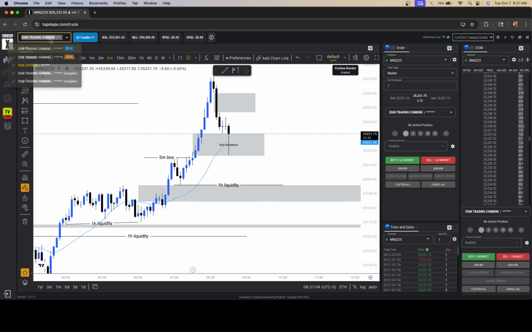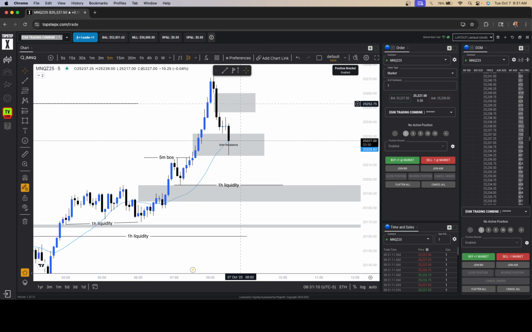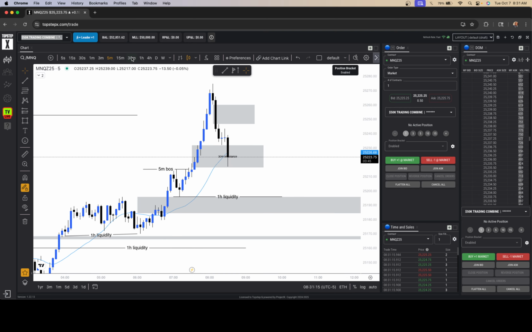So do we head to the upside is the question. I think we're going to head up from this imbalance, but I think we're also going to reject from this 5-minute right here and then continue lower.